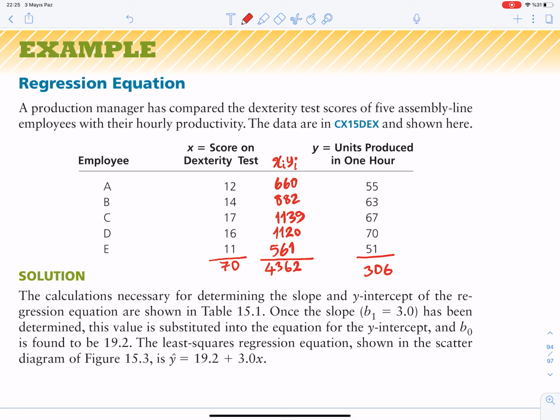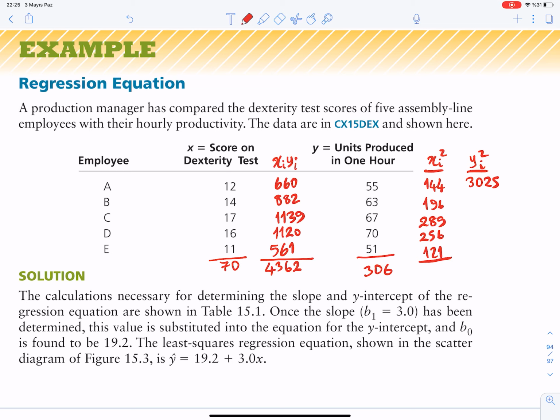You also need to have xi square and yi square. The first ones are 144, 196, 289, 256, and 121. You need to sum up all of these also. For y, the first one is 3025.